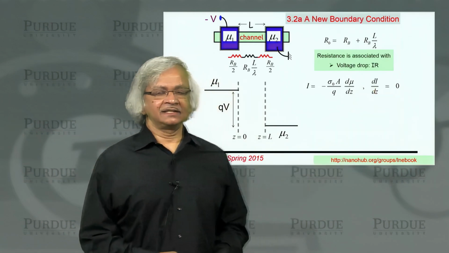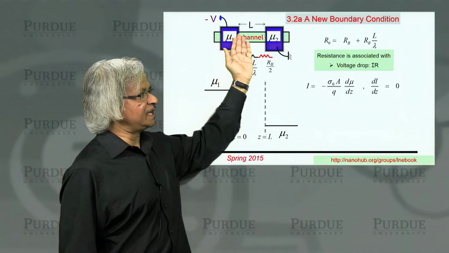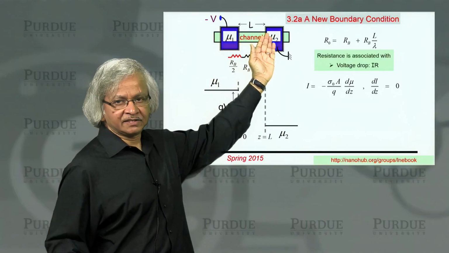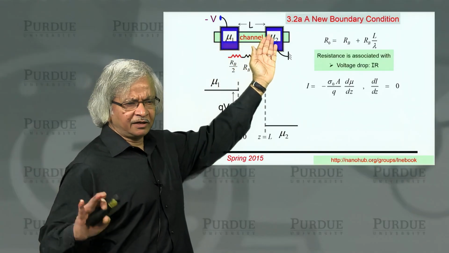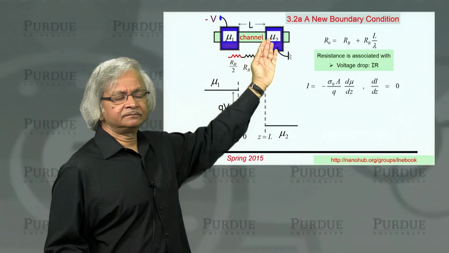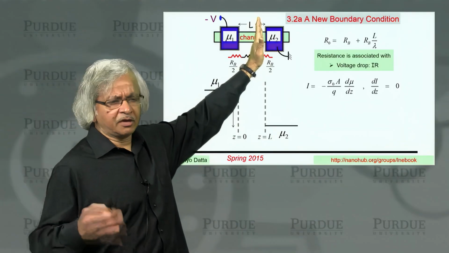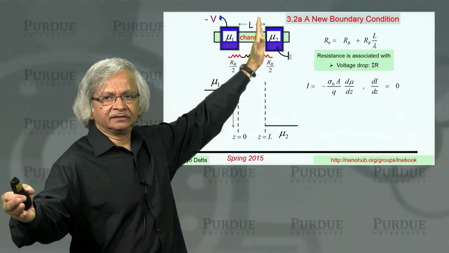What the continuity equation says is that in a one-dimensional conductor like this, the current has to be the same everywhere at steady state. And you can see why. You have this channel, electrons are flowing, and let's say I look around here, and you have, say, 100 electrons flowing per second.